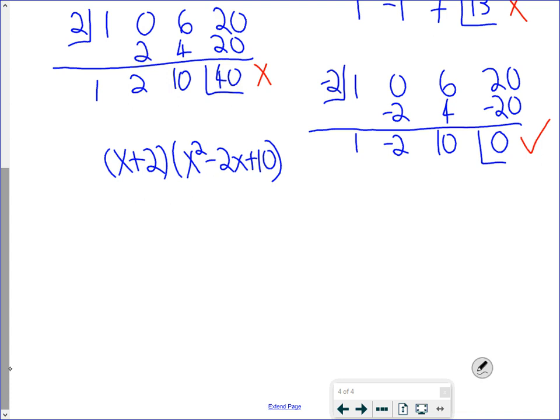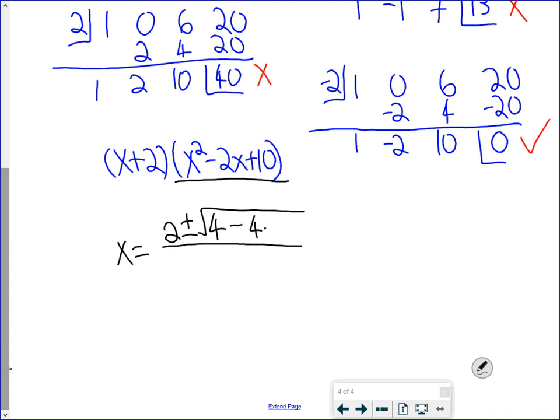So I'm going to use the quadratic formula, just for the second half of it. So x equals -b. Negative times negative is a positive, so I've got +2 plus or minus the square root of b squared, that would be -2 squared, which is +4, minus 4 times AC, where A is 1 and C is 10, so 4 times 10, over 2A, so 2 times 1 is 2.